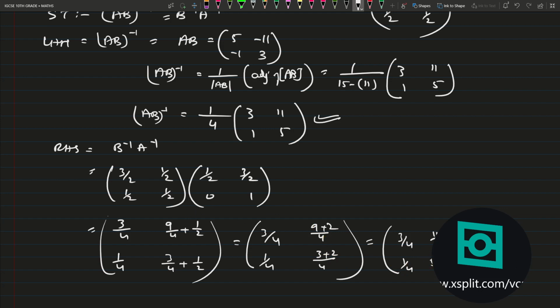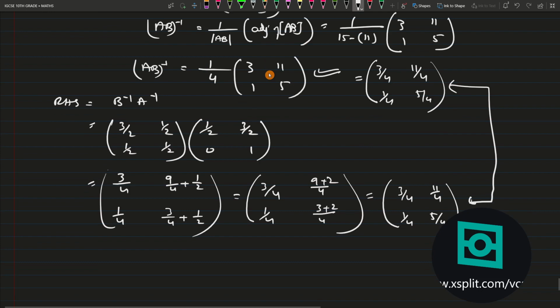Now this right hand side should match with the left hand side. This is your left hand side. If you work it out, this will be 1 by 4 into 3, which is 3 by 4. This will be 1 by 4 into 11, which is 11 by 4. This will be 1 by 4, and this should be 5 by 4. Okay, so can you see these two? They both are the same.